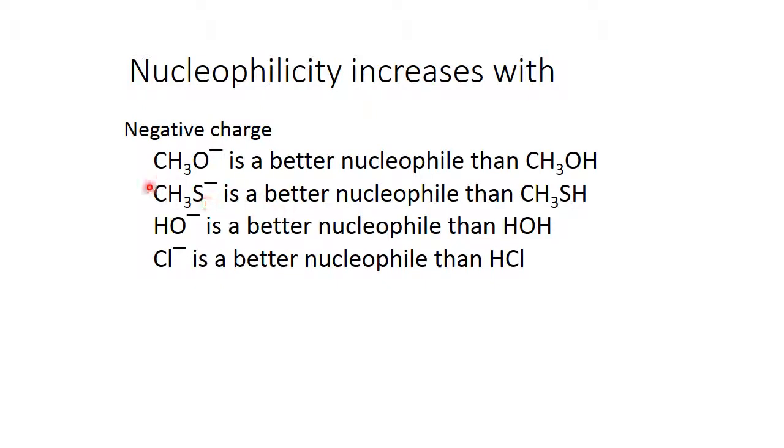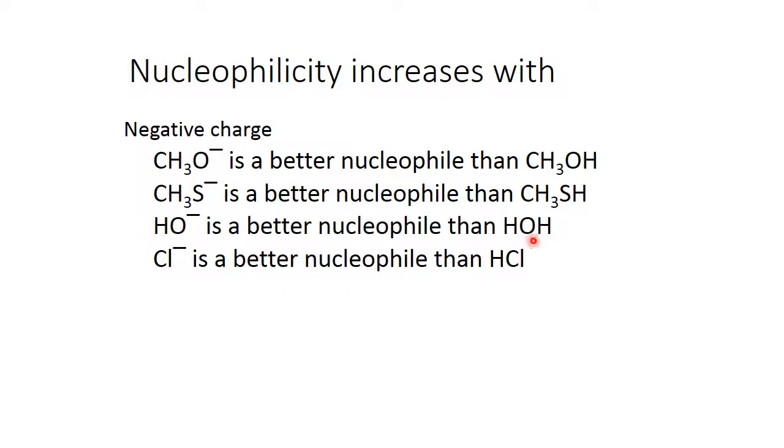Right here, this is methanethiol, and this is called methanethiolate. Methanethiolate is a better nucleophile than methanethiol. Why? Because of the negative charge and its increased attraction to the carbon with the del positive on it.